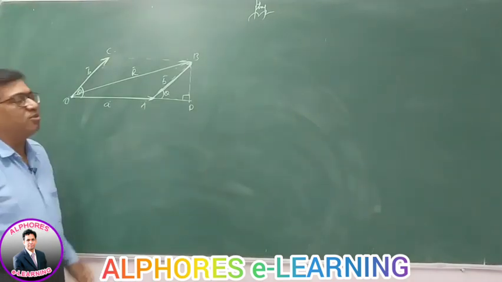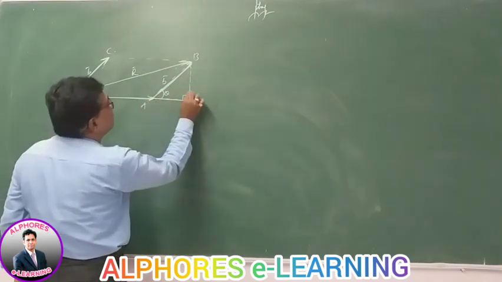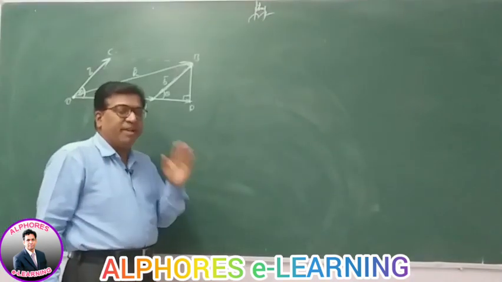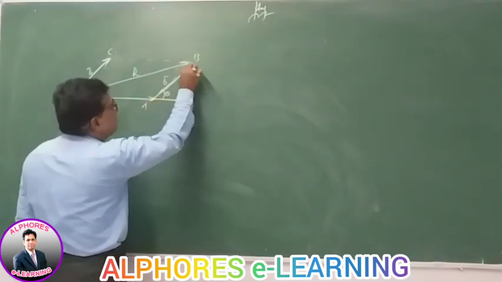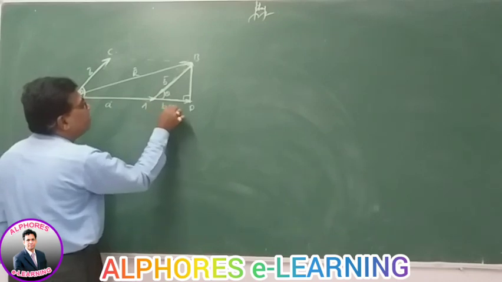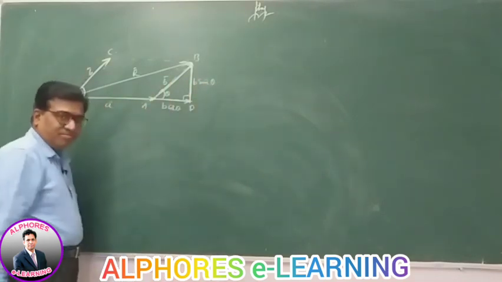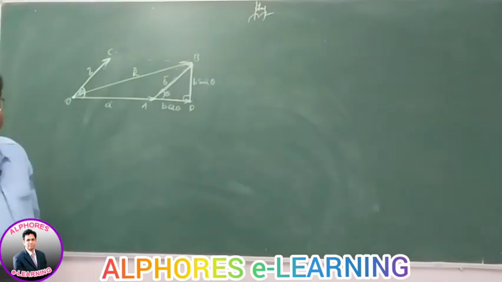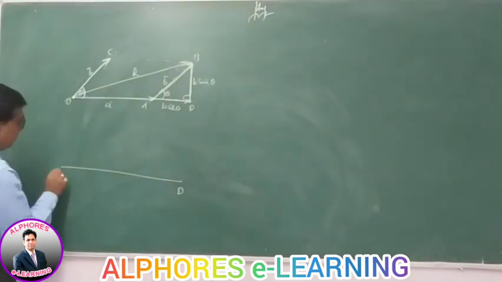This is the adjacent component and this is the perpendicular component. The horizontal component is B cos theta and the perpendicular component is B sin theta. Now consider the right angle triangle OBD.